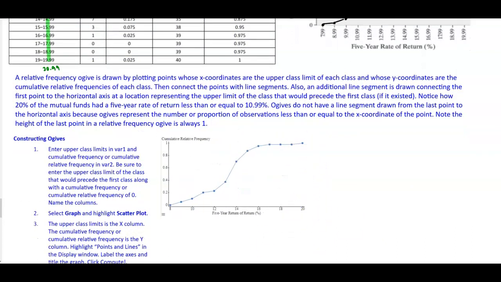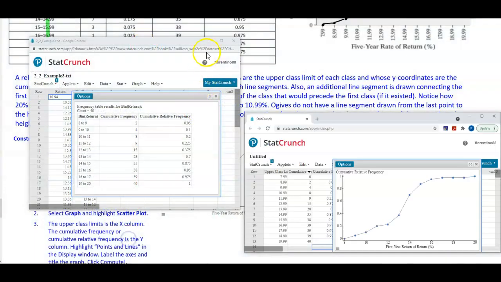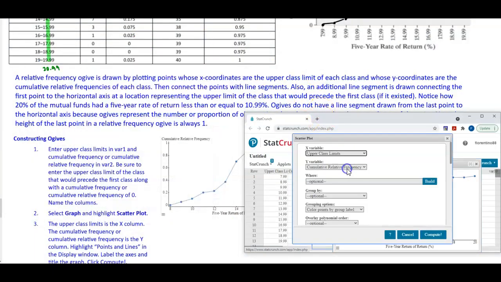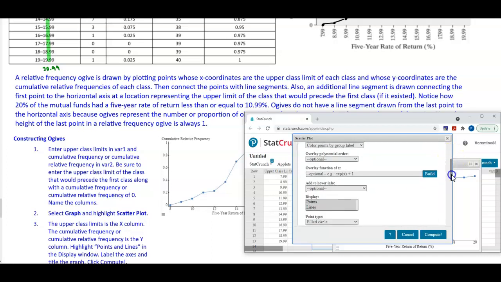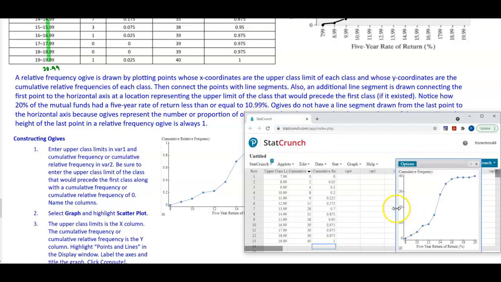If we wanted the relative frequency, we can just come back to StatCrunch, select options, and then select edit. We want the cumulative relative frequency, so down here we just put in that column and then select compute.